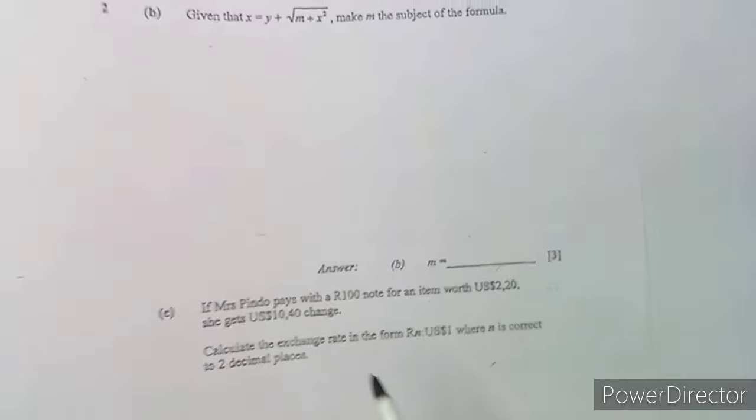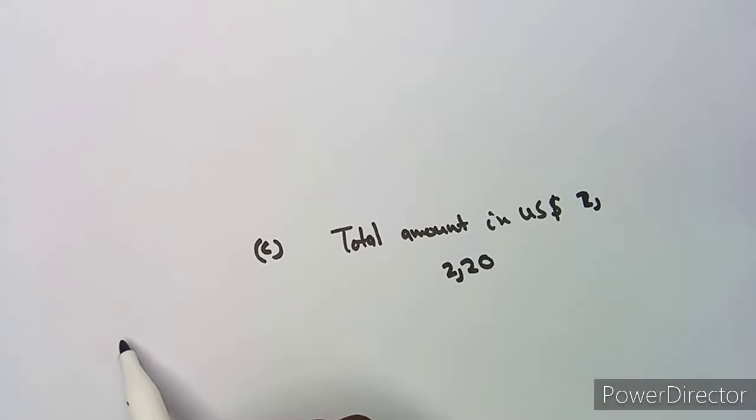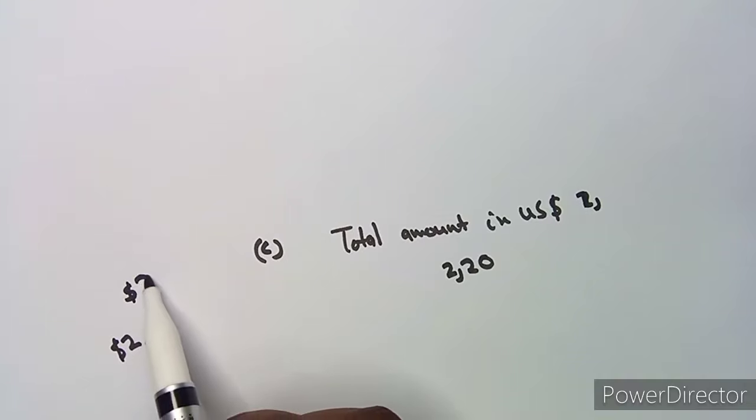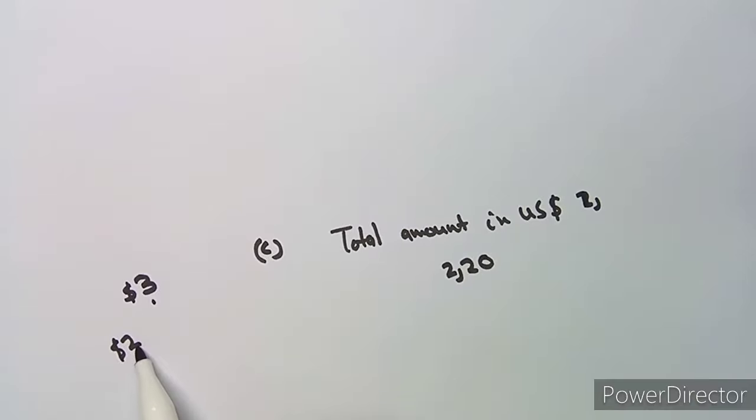So definitely, guys, let's say you bought something for $2. Let's take something you are used to. You buy something for $2, then you are given change of $3. What was the price you paid? That was 3 plus 2, the change that you are given and the cost of the item.